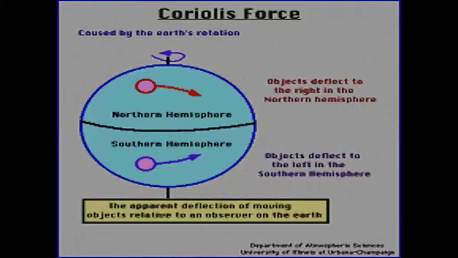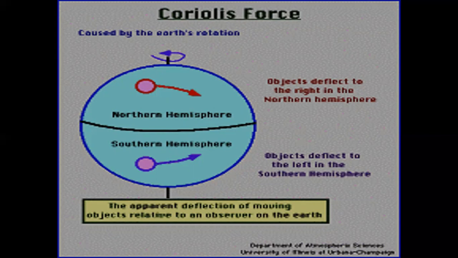The next is the Coriolis force. Due to the Earth's rotation, winds do not cross the isobars at right angles as the pressure gradient force directs, but get deflected from their original path. This deviation is the result of the Earth's rotation and is called the Coriolis effect.